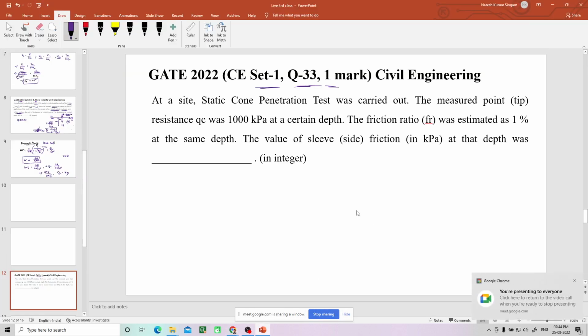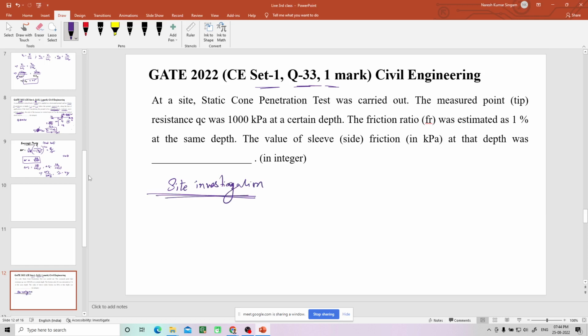Yeah, see, the major part of the soil mechanics or geotechnical engineering is site investigation. In the site investigation, generally we go for some in situ tests. In situ test means you will go with the instruments to the field, then in the field itself you will do some tests, then you will find out some parameters from them.